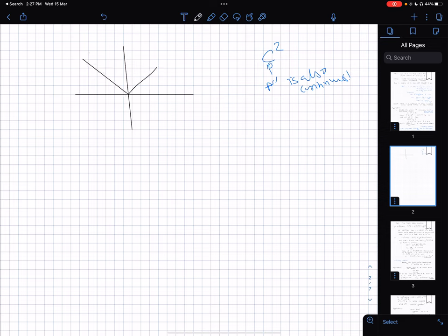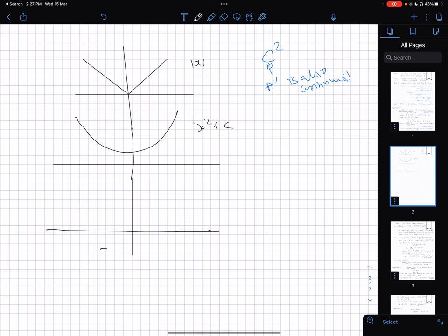this is a continuous function everywhere, is it not, mod of x? This is a smooth continuous function, like x square plus c. And this one has a discontinuity at x equal to 0.